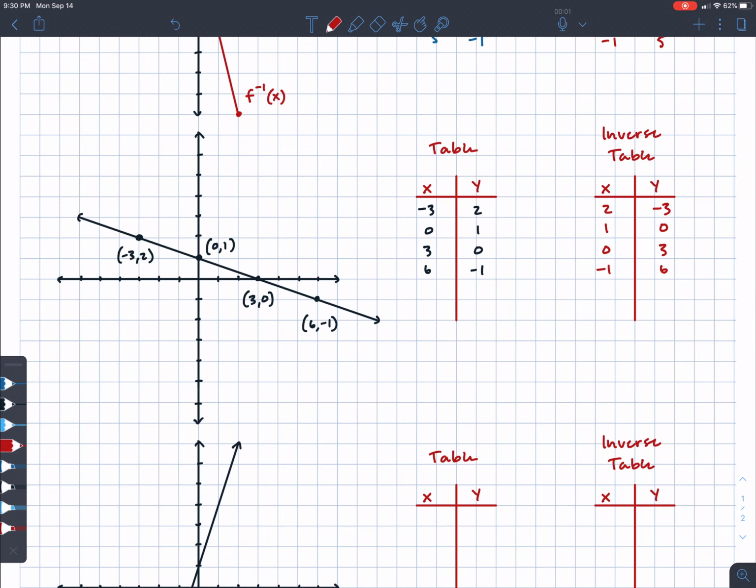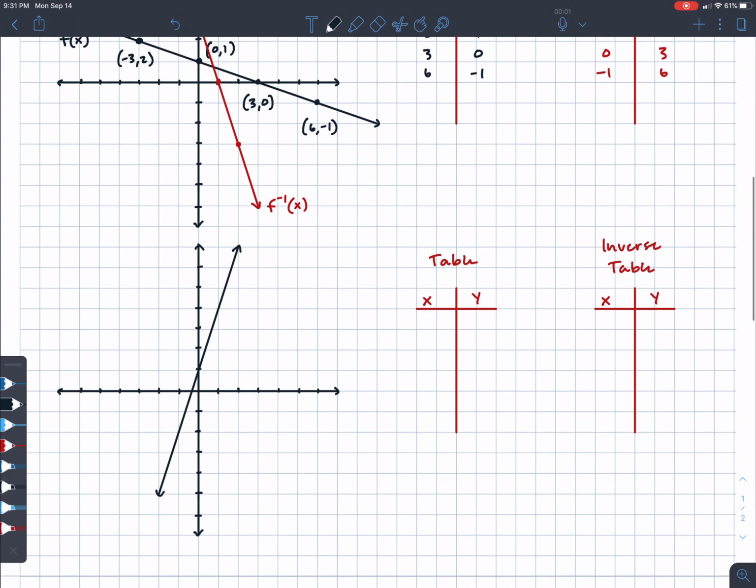So 2, -3, 1, 0, 0, 3, negative 1, 1, 2, 3, 4, 5, 6. And I'm going to extend that line a little bit just so we can see where it's going to go. So here is my inverse function, and here is my original function.